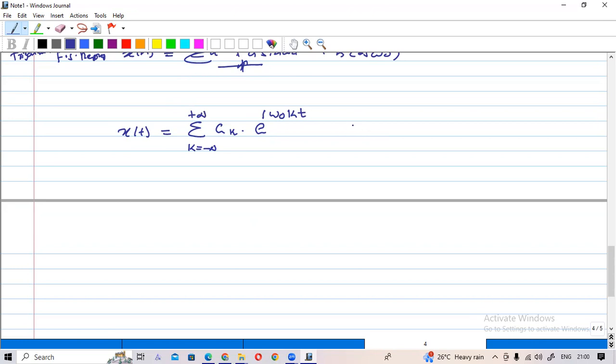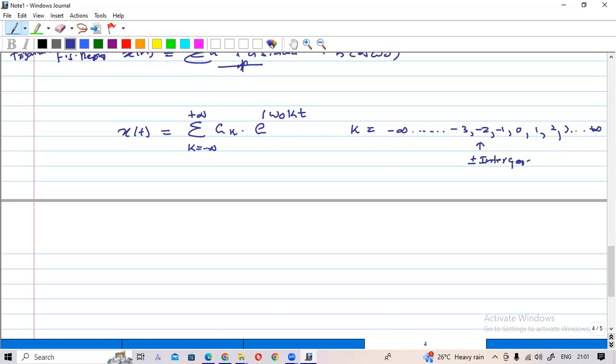The k should be an integer, plus or minus, so it will be minus infinity, maybe minus 3, minus 2, minus 1, then 0, 1, 2, 3, and so on up to plus infinity.